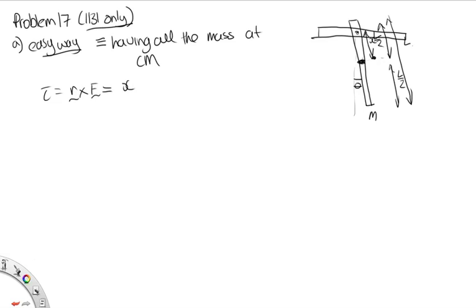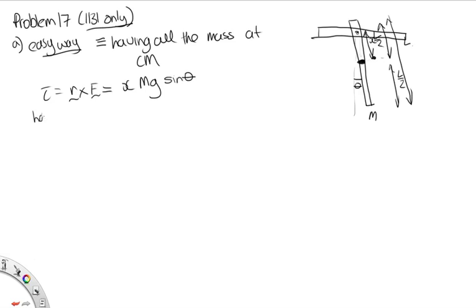F, we've got all the mass concentrated here, so the force there is mg, and then because of the cross product, the angle between R and F, theta, so we end up with sine theta. Okay, so that's the easy way.